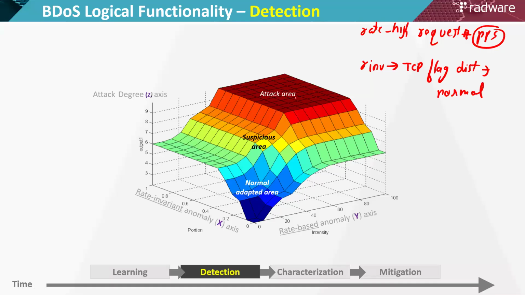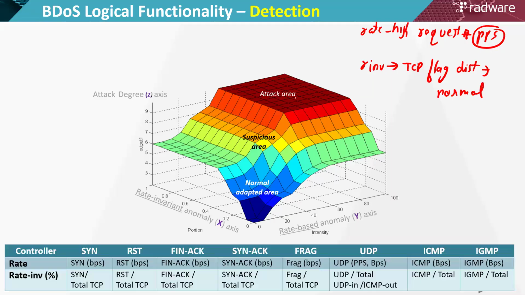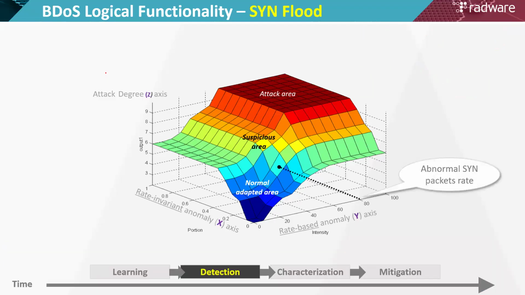The degree of attack is detected as soon as both of them deviate from their baselines. This is just to explain how the functionality works behind the scenes, but you can certainly visualize the degree of attack on the GUI. So this is what I was talking about.